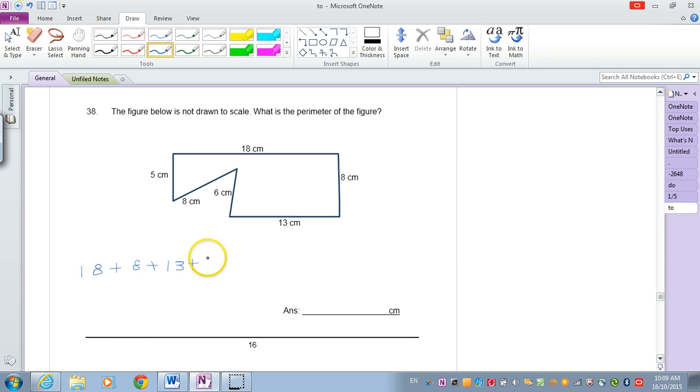Followed by 8 cm again, and 5. So remember to add your 5 here.